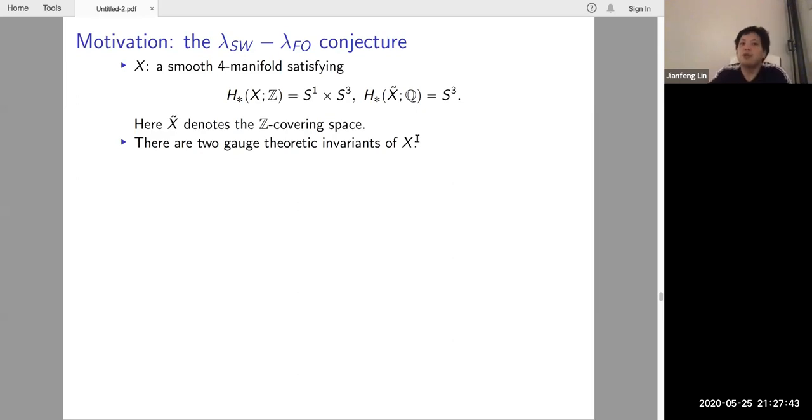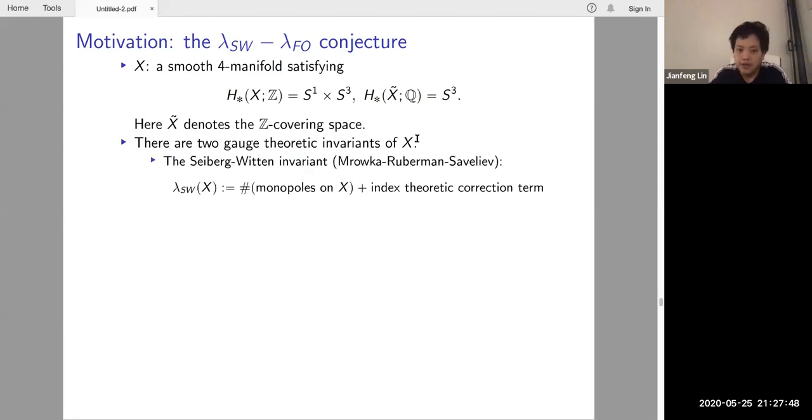And for such a manifold, there are 2 gauge theoretic invariants of X. The first one is the Seiberg-Witten invariant. This version is defined by Mrowka, Ruberman, and Saveliev. Okay, so it's defined as the sum of the monopoles on X. So one can count the number of Seiberg-Witten solutions on X. Well, that would give you the classical Seiberg-Witten invariant, but in this case, because X has no b2 plus, this monopole count itself will depend on the metric and perturbation.